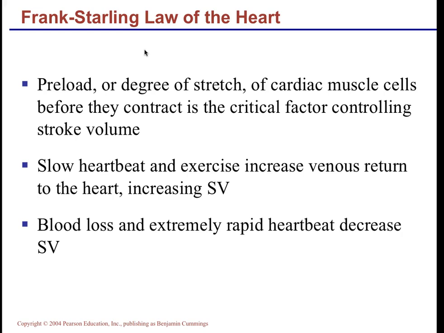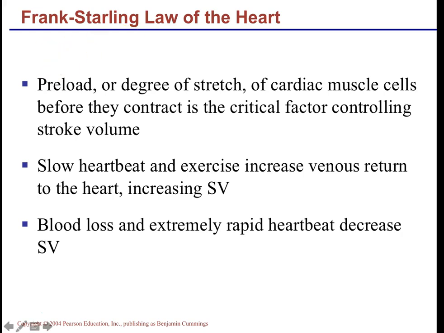So what Frank Starling is trying to get at is that if more blood is returned to the heart and the ventricles stretch, you get not only the blood ejected because of the contraction of the heart, but a little bit more blood ejected because of the elastic snapback of the heart, because you've stretched it.